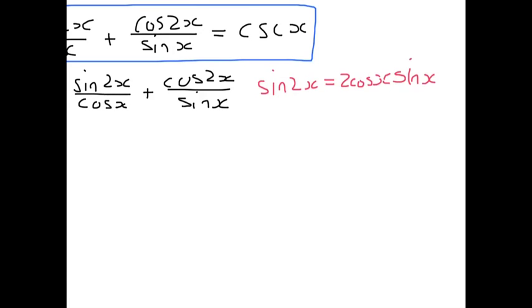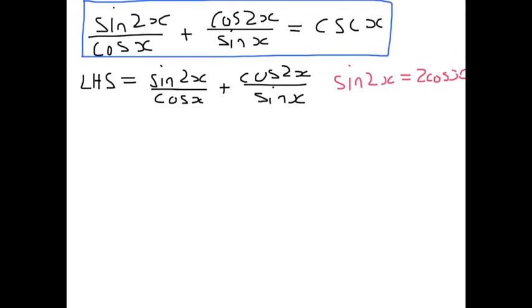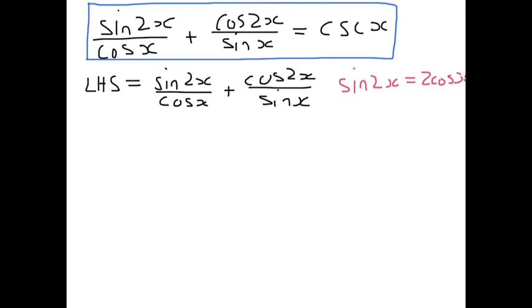Okay, so I'm just going to replace this sine 2x here with this expression. I'll do that in red so you can see what I'm doing. So this equals 2 sine x cosine x, all over cosine x still.